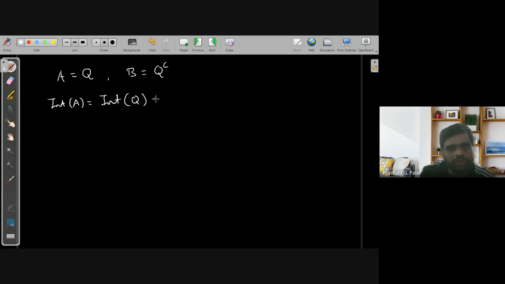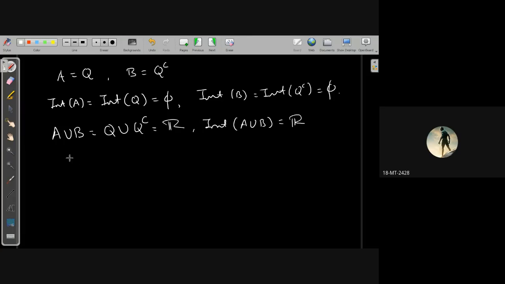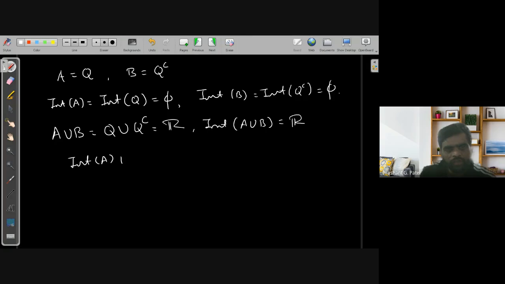Interior of Q is phi. Very good. And interior of B is also phi. Very good. So A union B will be Q union Q complement, which gives you R, the set of all real numbers. The interior of A union B will be R. Yes. What is the interior of A union interior of B, which is phi?